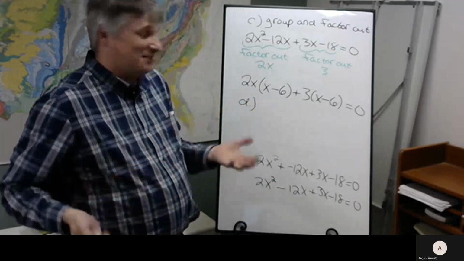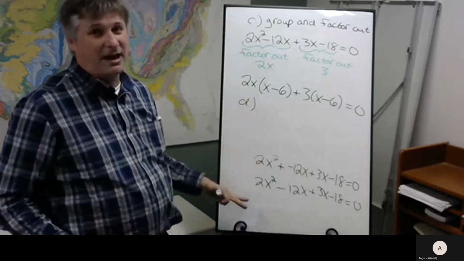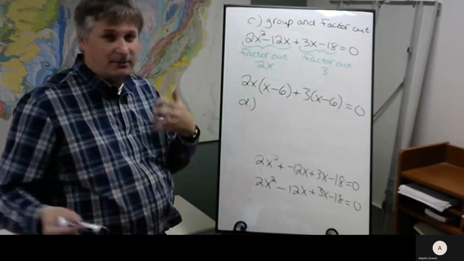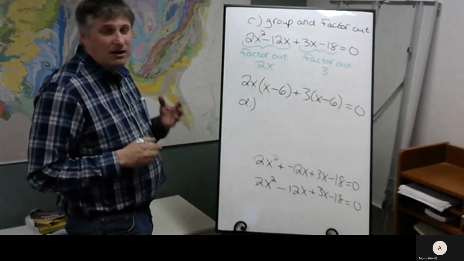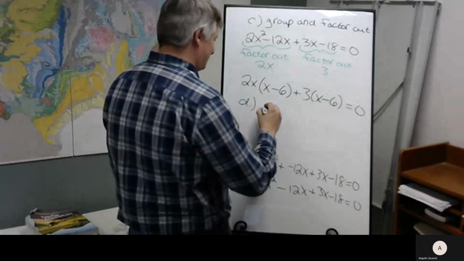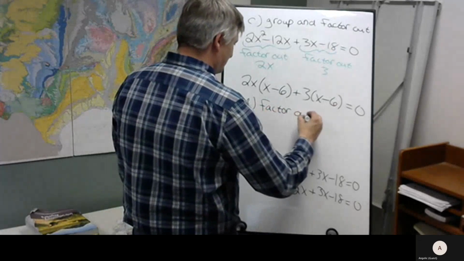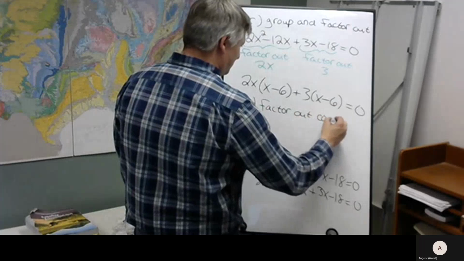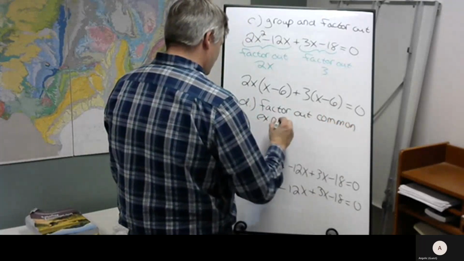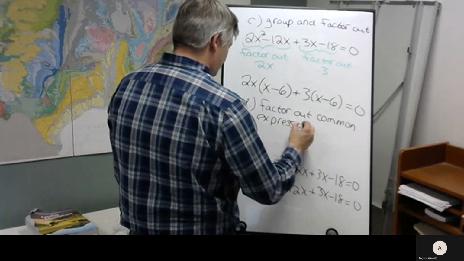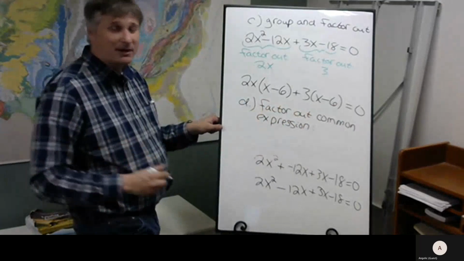So next, and again, this is a long procedure. I'll do another example where I go a little faster without labeling all the steps. We're going to factor out a common expression. And for us, that's going to be the x minus 6.